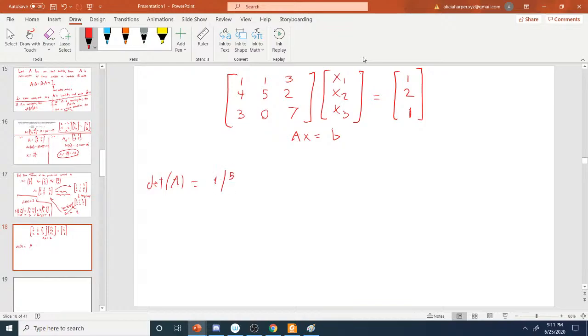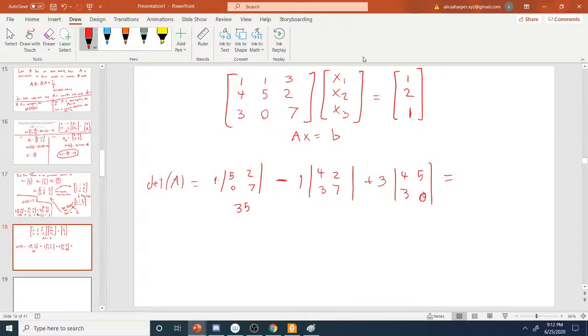So 1 times the determinant of this, minus 1 times the determinant of this, and then plus 3 times the determinant of this. Right here I get 35.